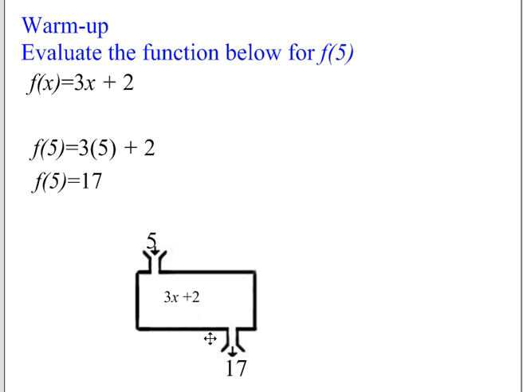So when 5 goes in, 17 comes out in our machine here, or our factory. So you could think of a function as a machine where something is input and then you get an output, or think of it as a factory where something goes in and it creates an output.